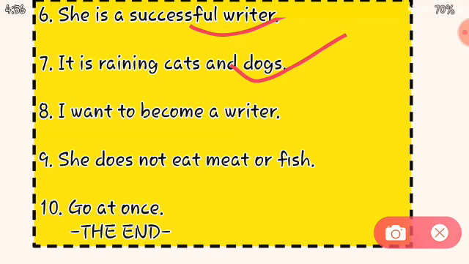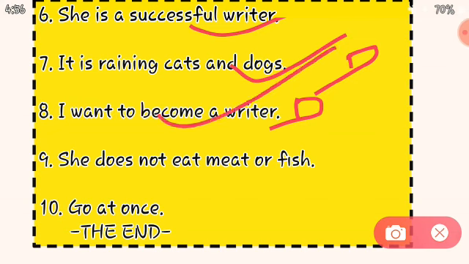Once again, it ends in a full stop and gives us information. Once again, it is a declarative sentence. Question number eight, I want to become a writer. Once again, it ends in a full stop and gives us information. It is a declarative sentence.